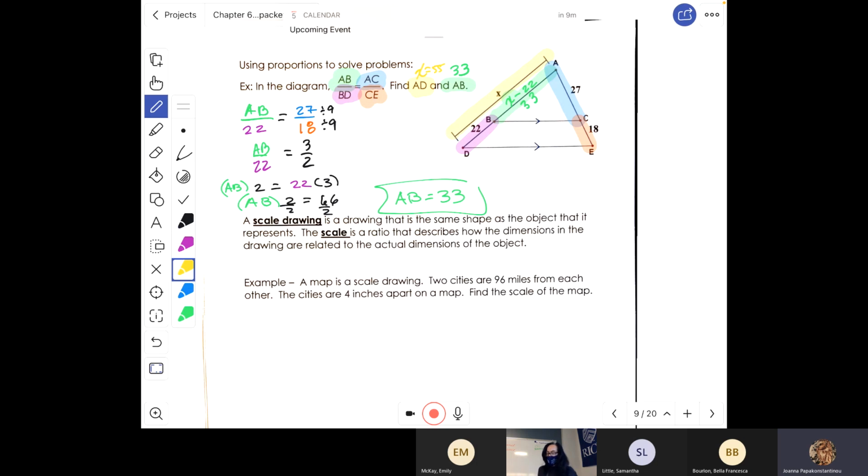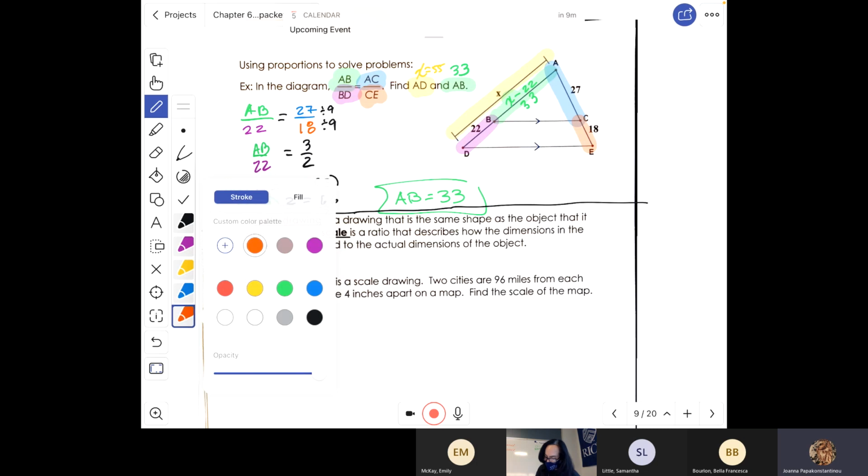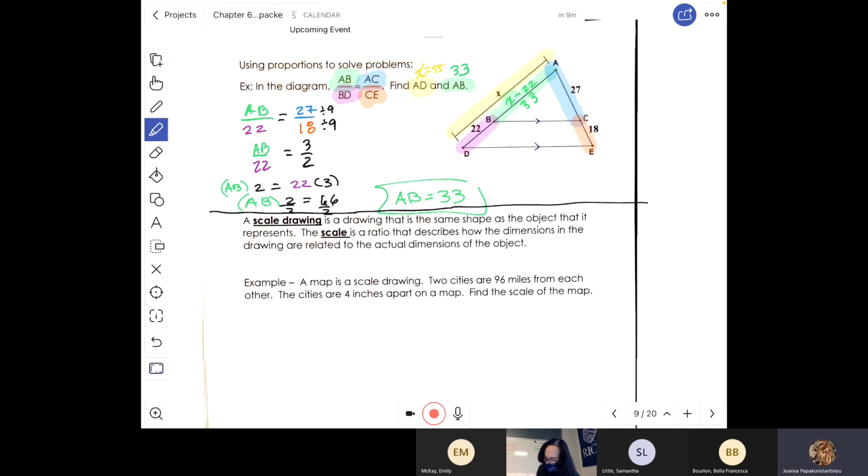Now, in the next lesson on Tuesday, we are going to be talking about scales, similarity, etc. So this is a little foreshadowing, and we will review it on Monday. So a scale drawing is a drawing that is the same shape as the object that it represents.